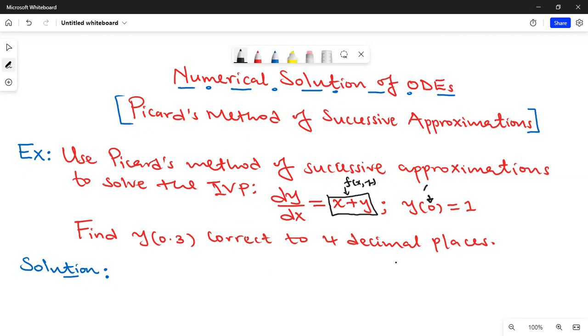This 0 here is our x naught, and the one here is our y naught. So we can say here that our x naught is 0, y naught is equals to 1, and f of xy is equals to x plus y.